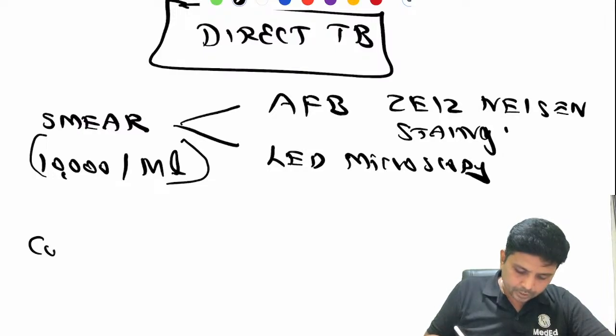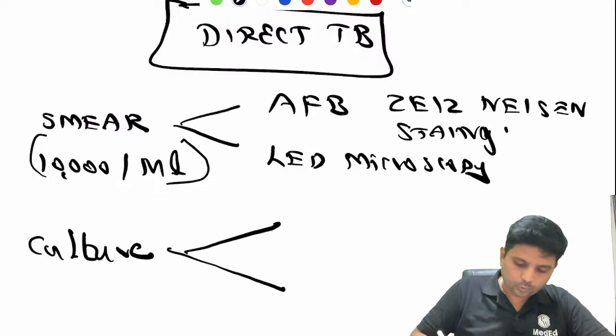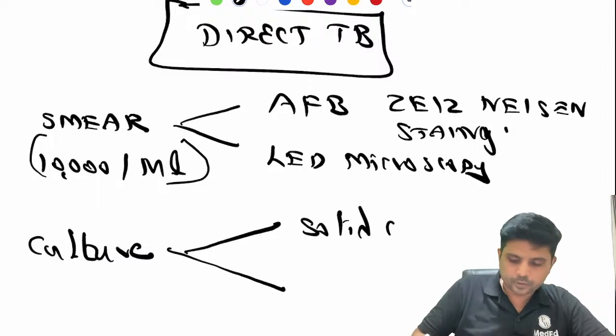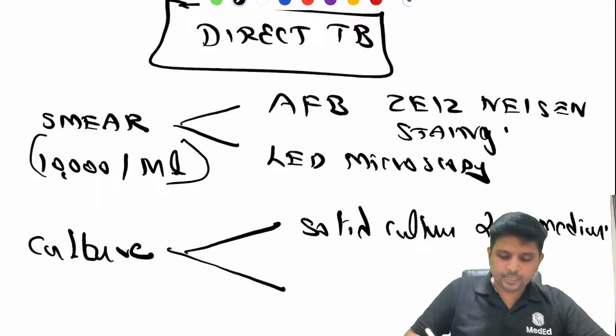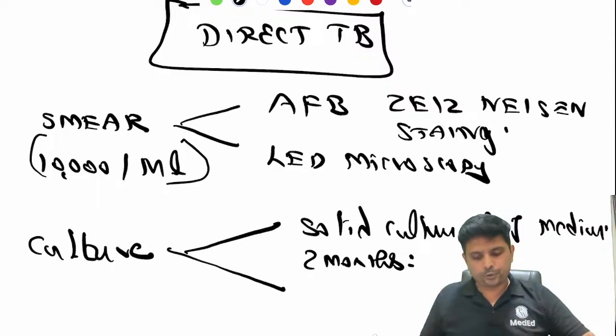The second one is culture. In culture you have two. One is solid culture using LJ medium, Lowenstein-Jensen medium. It takes almost 2 months for the result to come, so we don't use it.